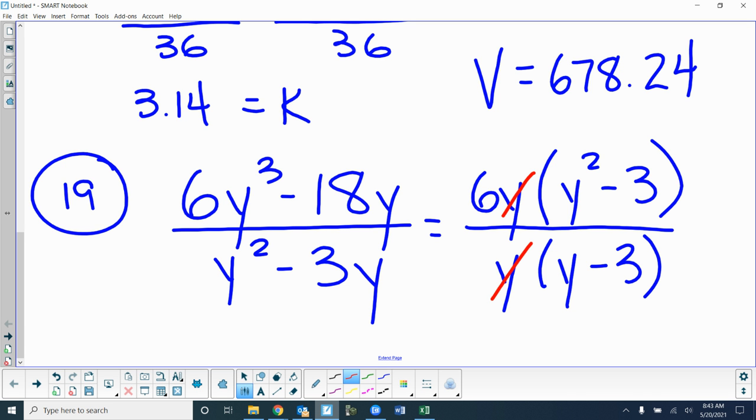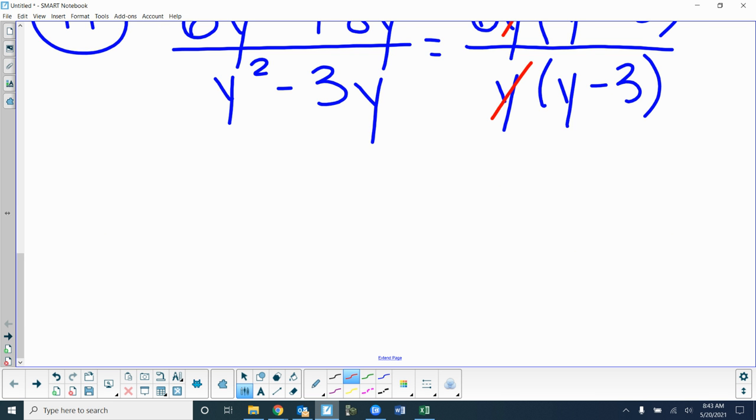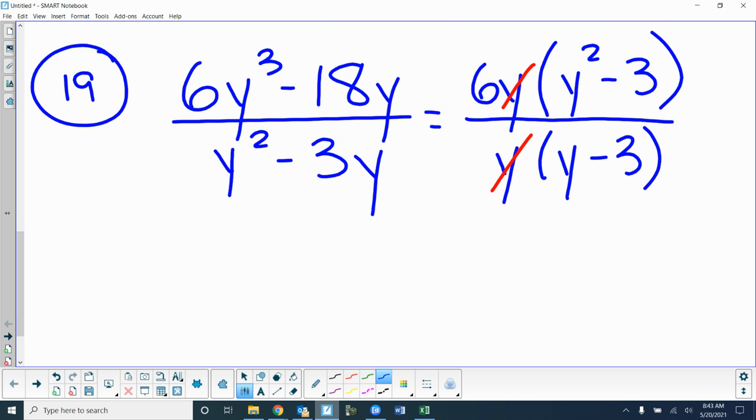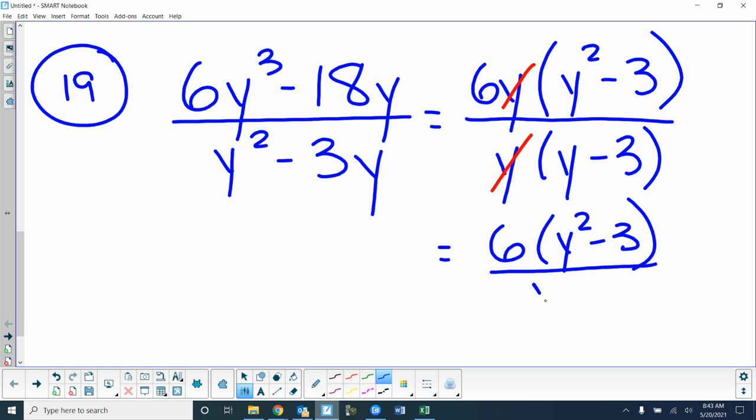It also says identify any y values for which the expression is undefined. We called those restrictions. All right, so let's write the answer first. Okay, what I think they wanted the answer to be is just 6, but not according to what they gave us, right?